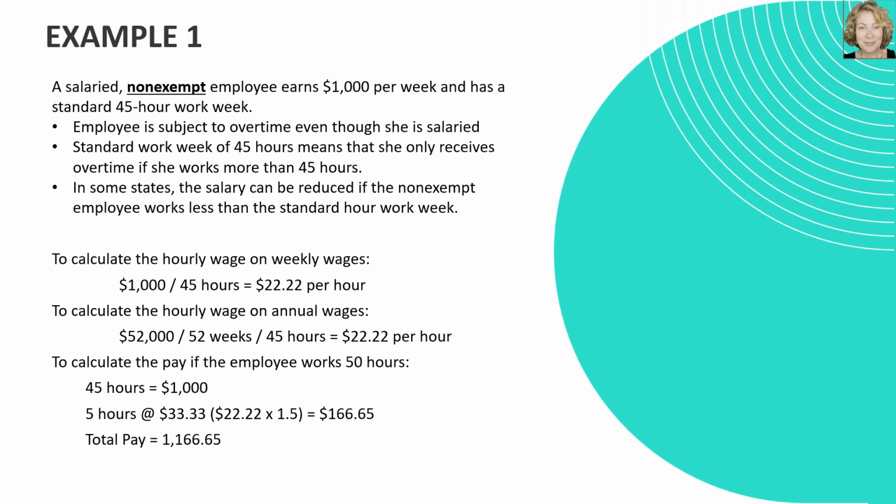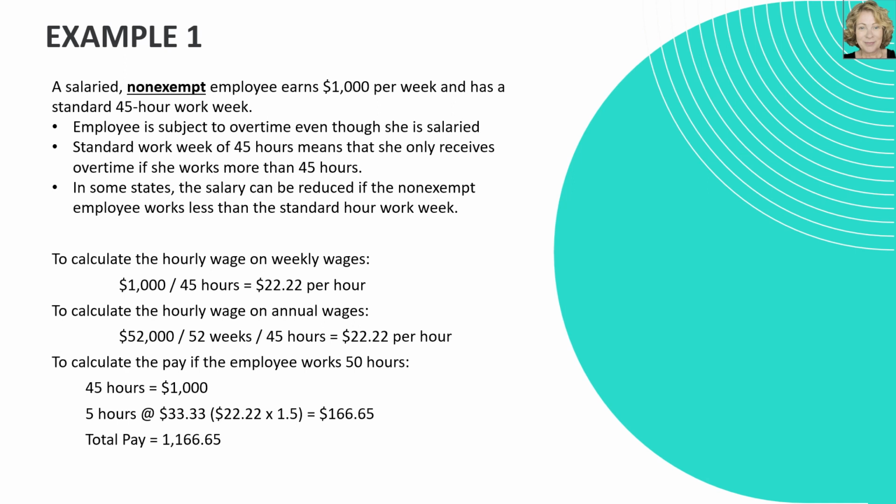What would the pay be if the employee who has a standard 45-hour work week works 50 hours? We would take the base pay, and we already know that, right? It told us right here at the top, it's $1,000 per work week for 45 hours. All right, so a $1,000 base.